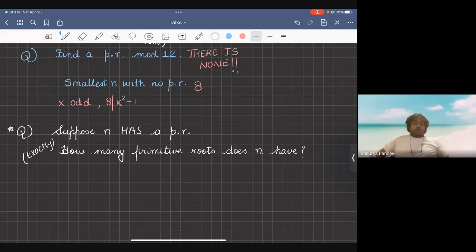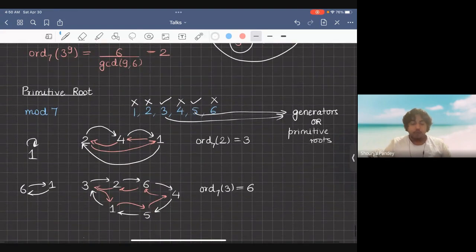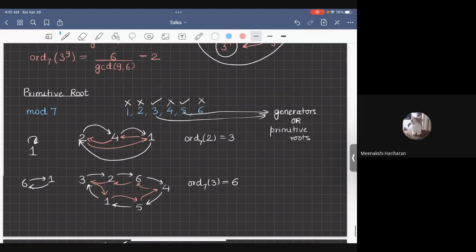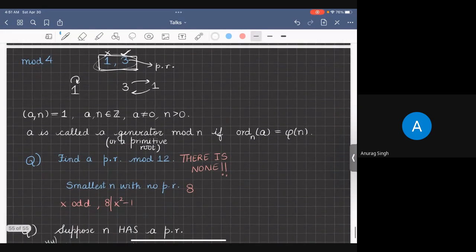This is somewhat more challenging than the previous problems. As far as we saw in the examples, for 7, 3 and 5 both work. If there's one, then there'll definitely be one more because of the inverse. Well, 4 only has 3. How do we notate this number of primitive roots function?